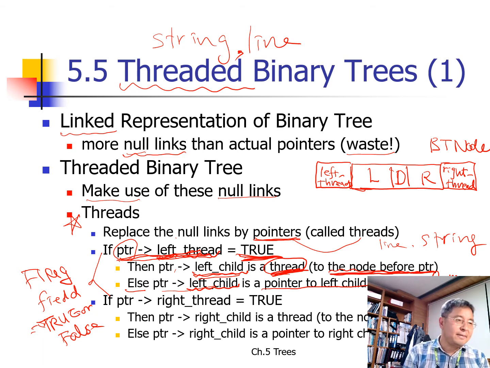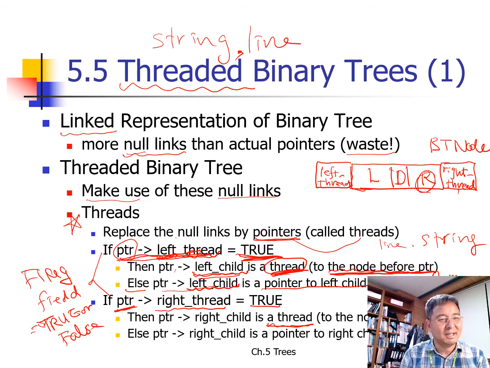Okay, and if the current node PTR's right thread is true, then this link field's meaning is changed to a thread. This thread points to the node after this current node. What is the next node?